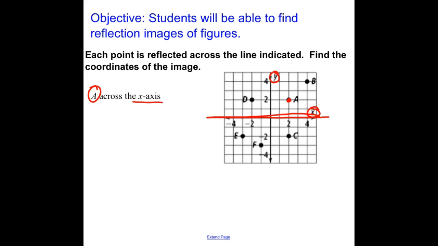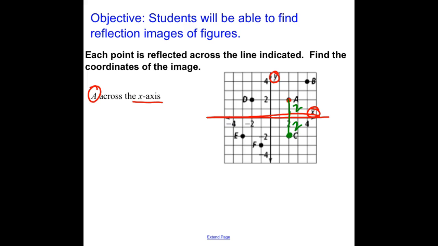There's a few ways to do that. If you remember your rules, you could just follow the rules for how to reflect. If you don't remember your rules, there's a nice way to do it too. You can just count how far it is to the line of reflection. It's 2, and you go that far in the other direction, 2. And so this is where I'm going to end up.